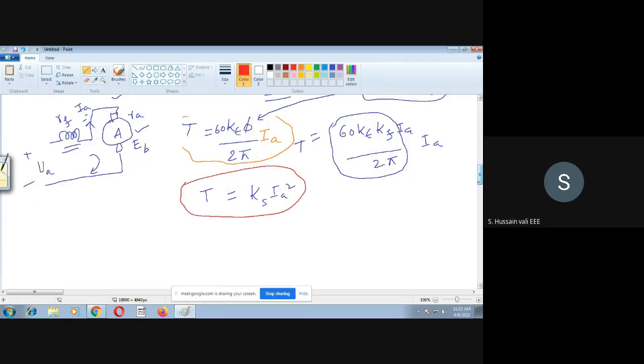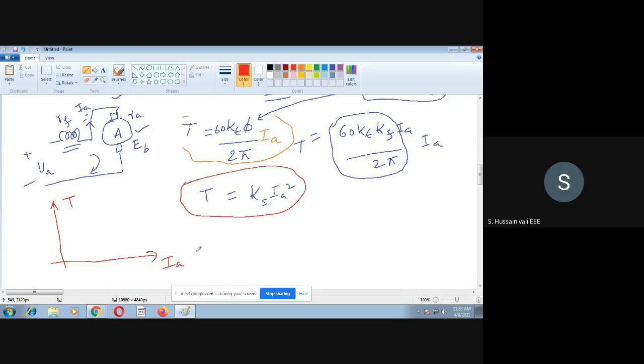With this equation, if we draw the graph between the current and the torque, like how we did in the case of the separately excited DC motor, we take T here and Ia here. This time it's not a linear relationship between torque and current. T is proportional to Ia square.